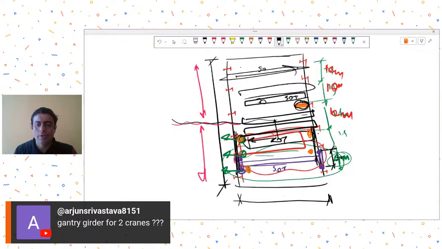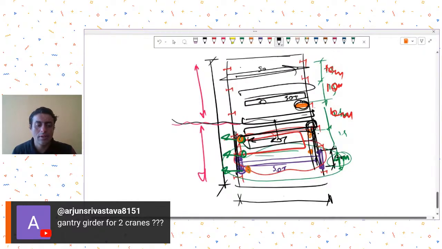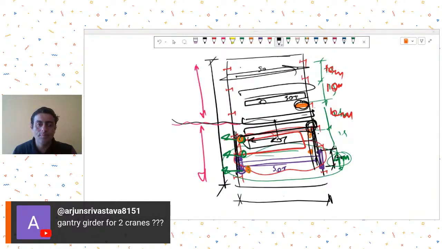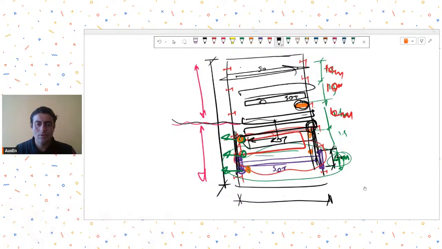So 4 plus 4 is 8 plus one wheel can come on the two full cranes, 2 full loads of cranes, and let's say one crane with one wheel in between, one wheel within the 10 meters, that also needs to be considered. So two and a half.